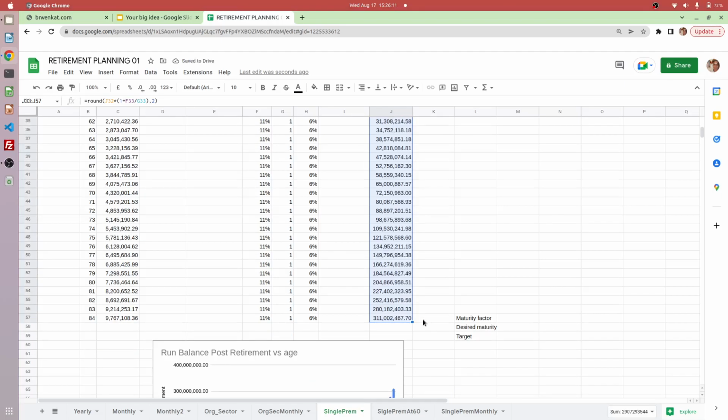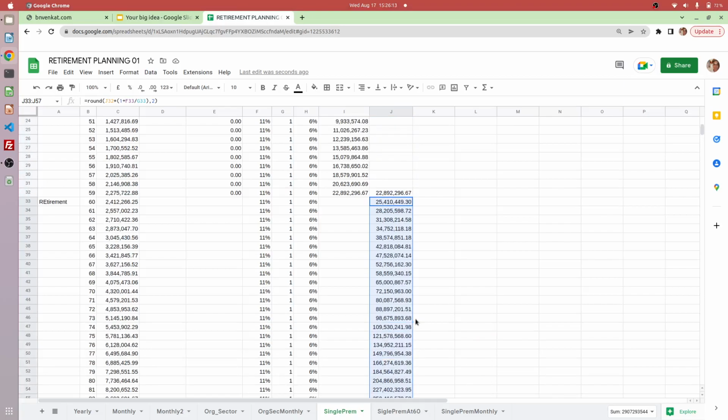Then we will have, there is something wrong. We have to subtract the expenses. Expenses are 2 lakh here, expenses 24 lakh.